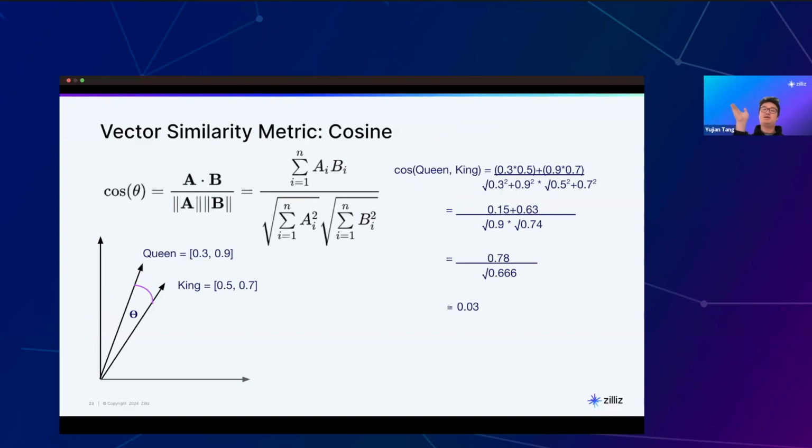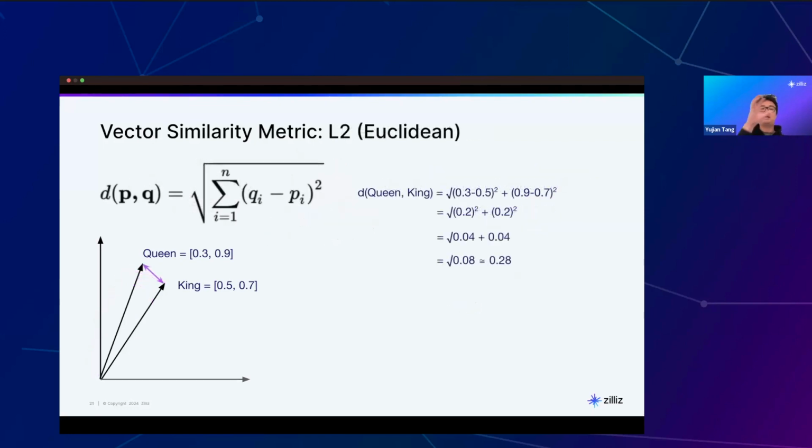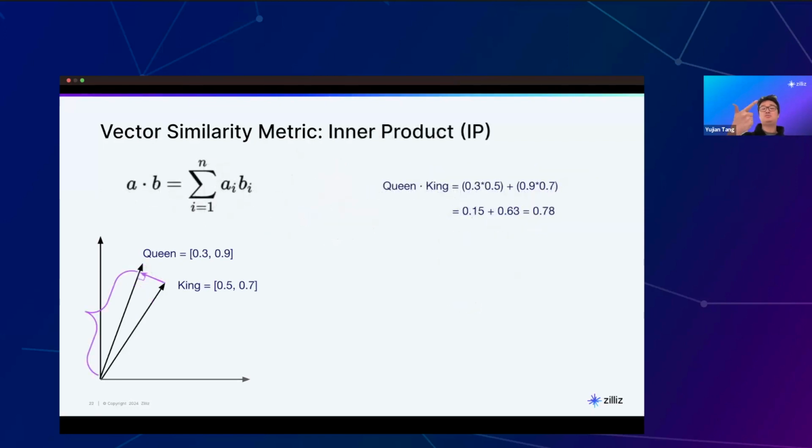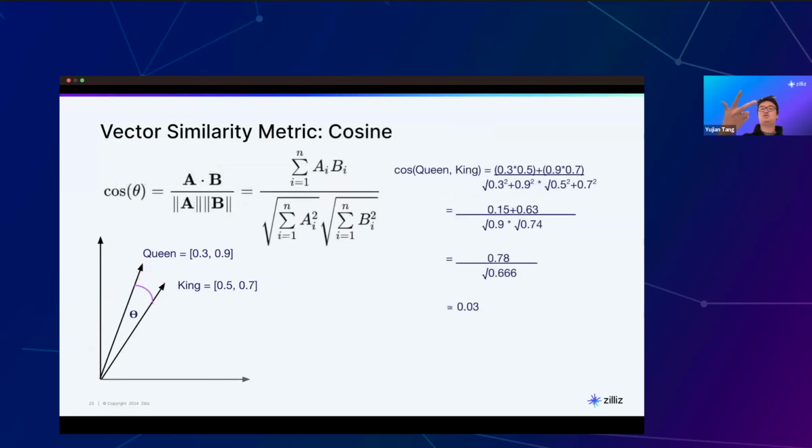Cosine similarity measures the angle between two vectors, right? So we've just seen magnitude plus angle, and just the angle. From this, you can think about what has more degrees of freedom, more degrees of granularity, and you will probably naturally come to the conclusion that inner product has the most granularity, and inner product or L2 are pretty much my go-to similarity metrics.